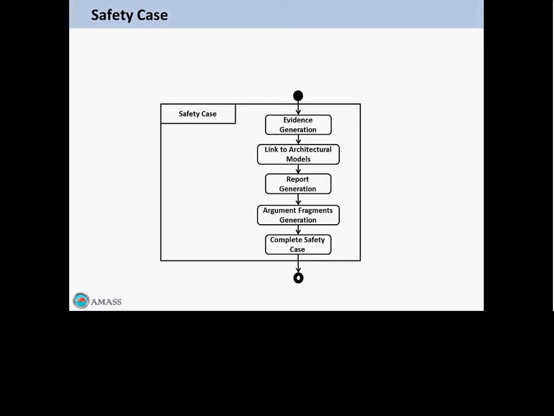In the safety case, we generate evidence. We can link the architectural models to the assurance. We can generate reports on the analysis performed, and we can also generate argument fragments that can be used to build a complete safety case.